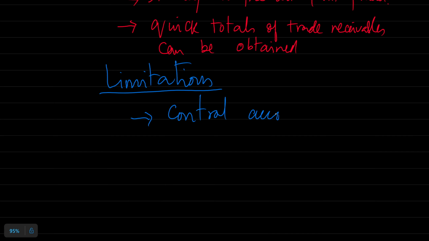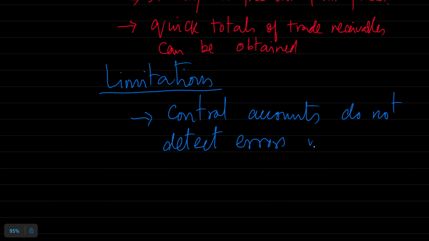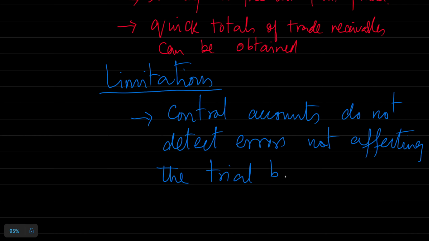Control accounts do not detect errors not affecting the trial balance.